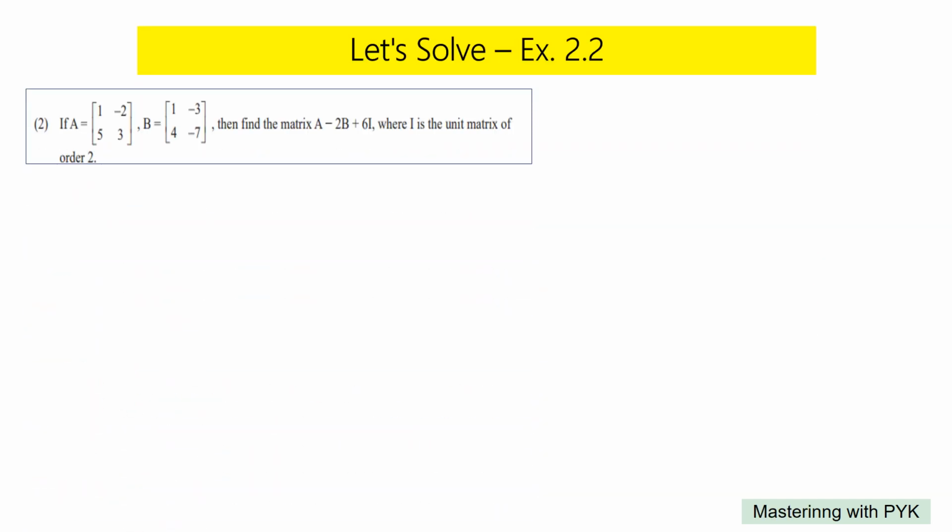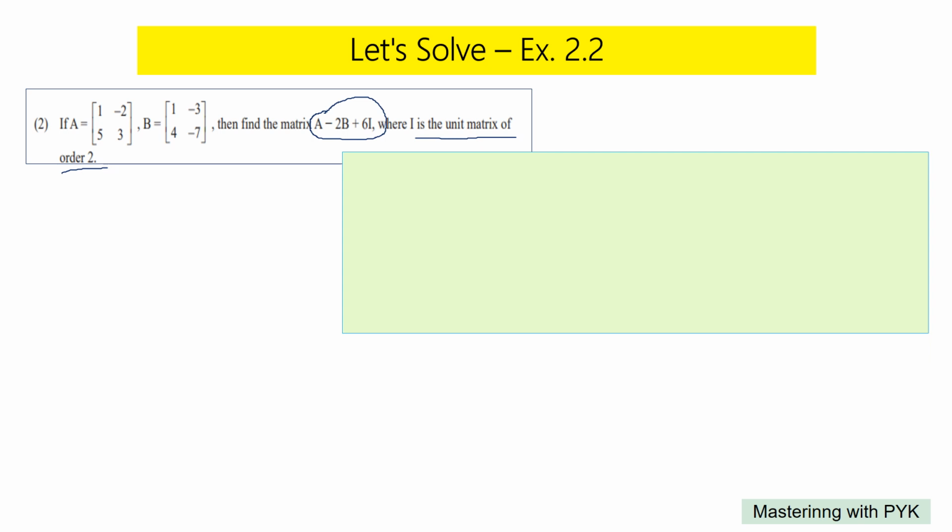Going to question number 2, it says that you have two matrices A and B and we have to find the value of a matrix which is given as A minus 2B plus 6I, and I is a unit matrix of order 2, right? I is also known as identity matrix or a unit matrix.